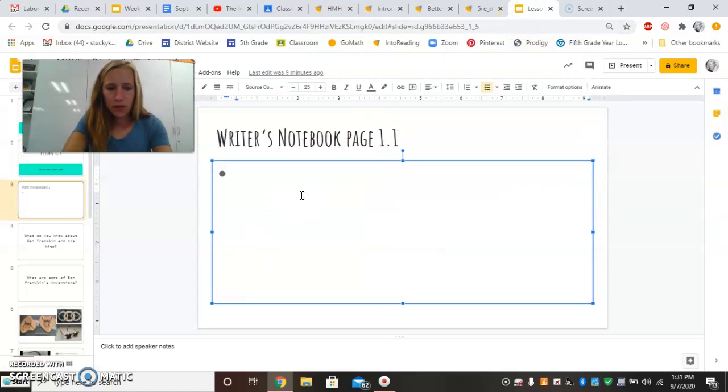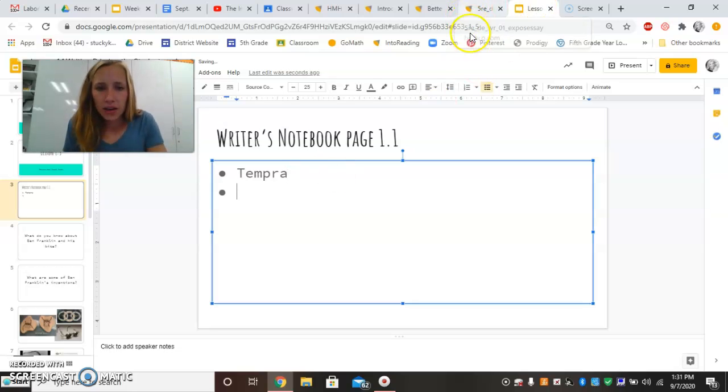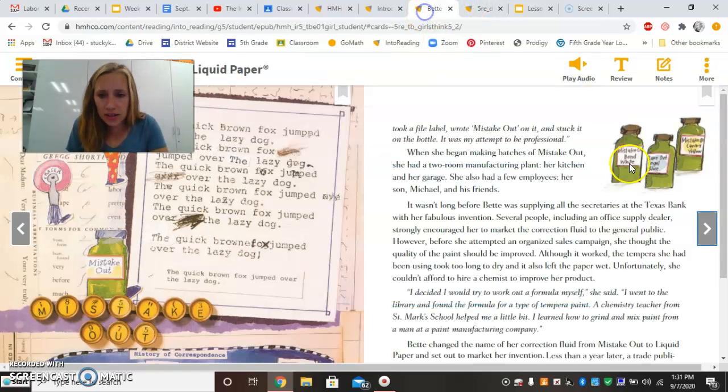So I'm just going to write the word tempera here. Now, let's think about the word tempera, and let's go back and look in the text. Although it worked, the tempera she had been using took too long to dry, and it also left the paper wet. What are we thinking here?